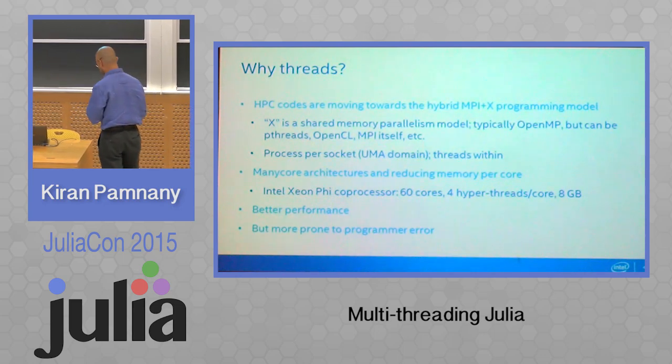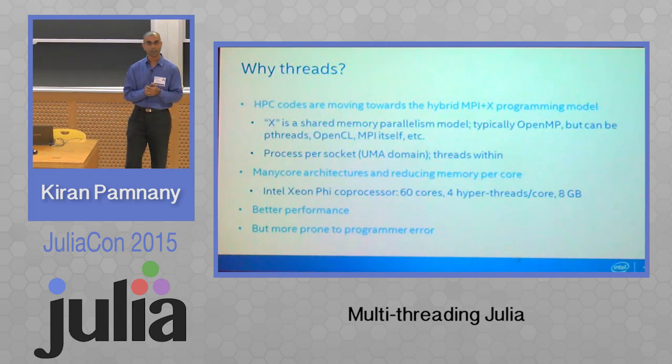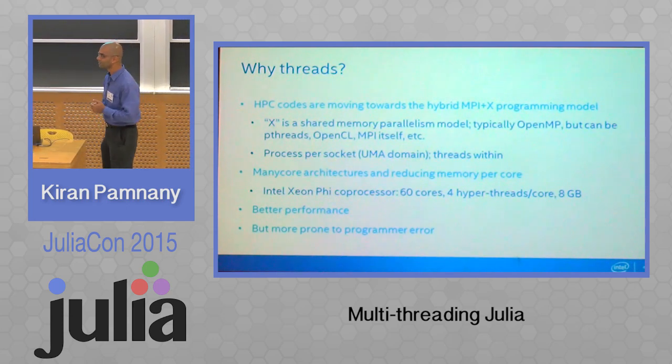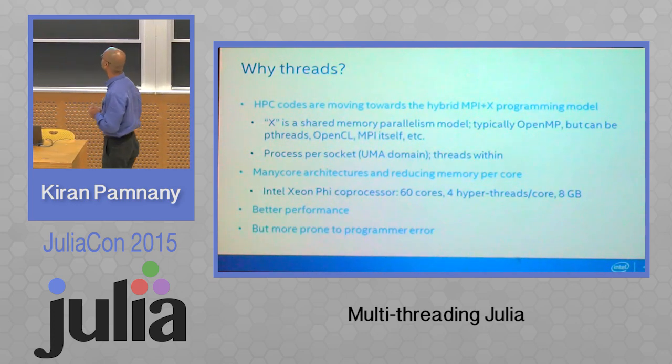Why do we want to have any shared memory parallelism? It's bad, right? Bugs, Heisenbugs and so forth. Well, many-core is here. Especially in HPC, we have 60-plus cores, 70-plus cores around the corner. We're no longer talking a few threads, we're talking hundreds of threads.